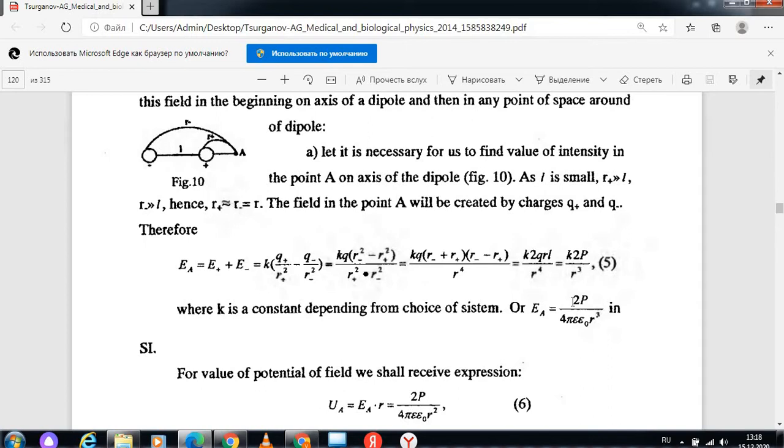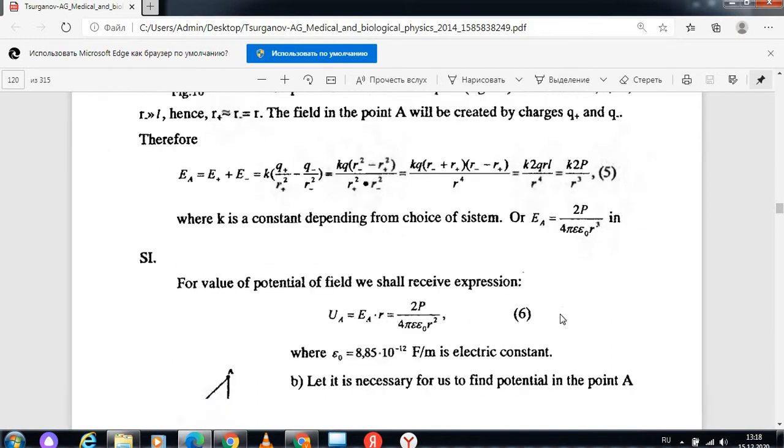And you could write the vector of intensity of the electric field like E equals 2p divided by 4π ε0 r to the power of 3 in the International System of Units, SI.